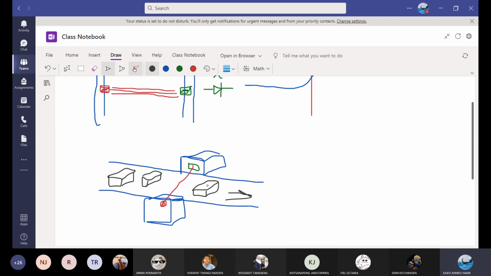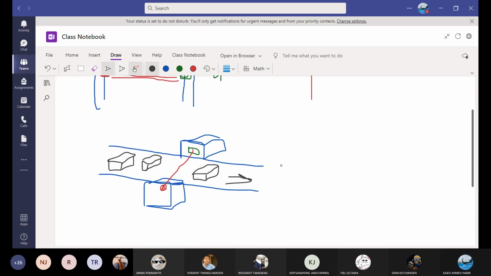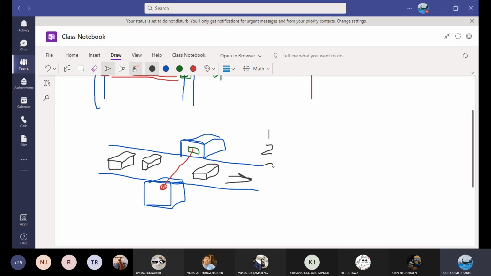Every time a package passes through, what happens to the beam? The beam gets broken, and you register one count of dark current for a moment. So here's 1, 2, 3. You have one count, then two counts, then three counts.